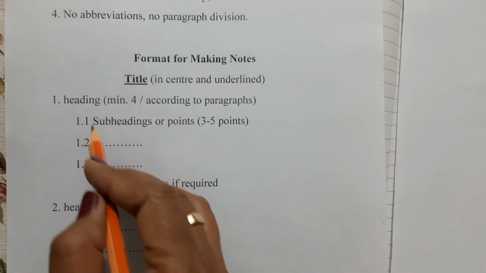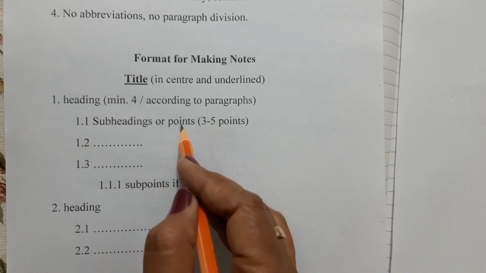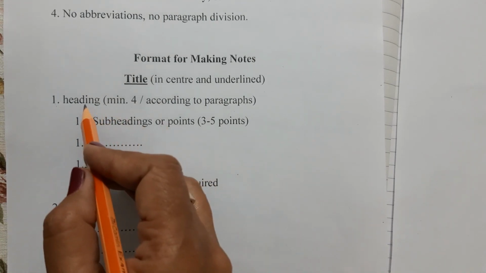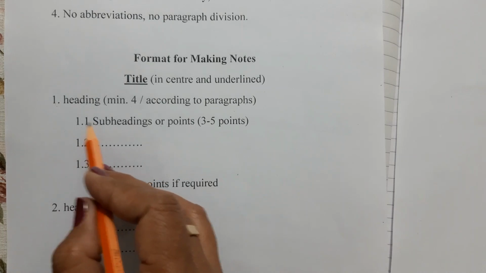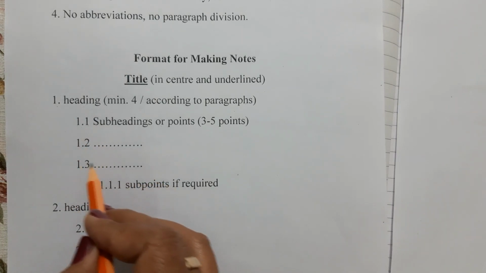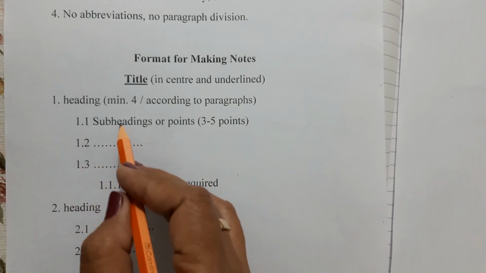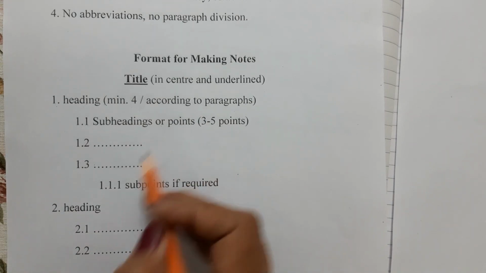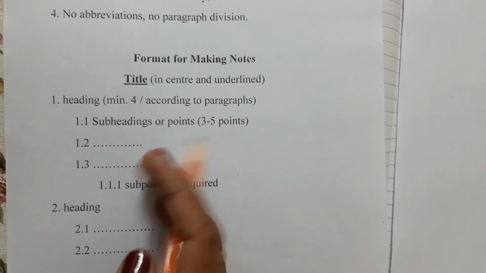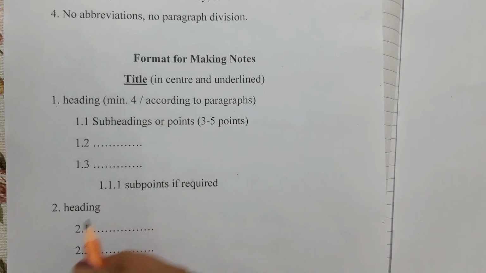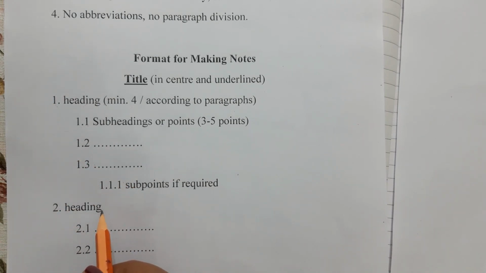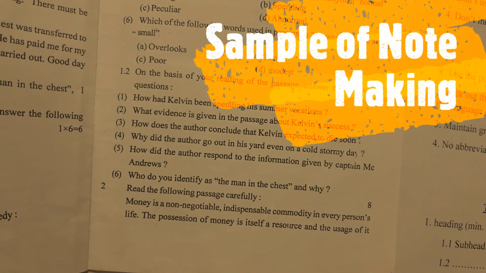And within the heading, we should write down subheadings or points which say something about the headings with separate indent. There can be sub points of these points. They should be written with separate indent. Then we can continue with making headings of next paragraphs, then points. Let us quickly solve a question.